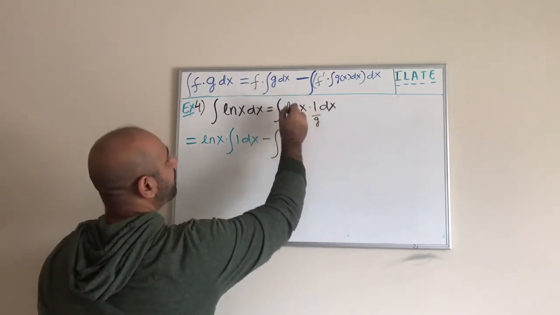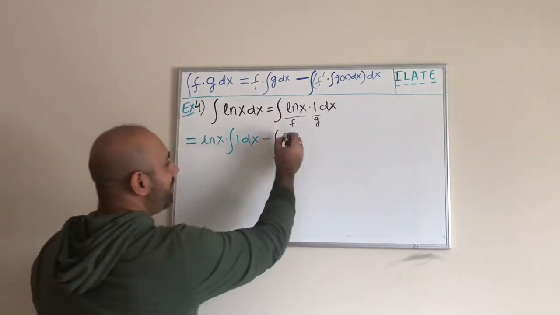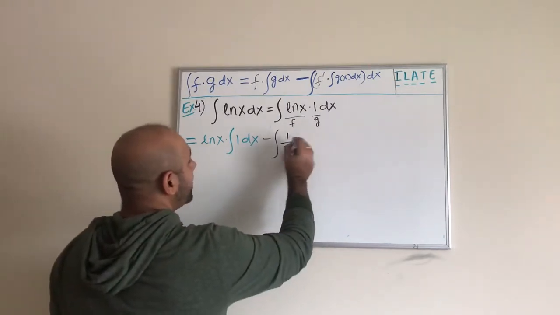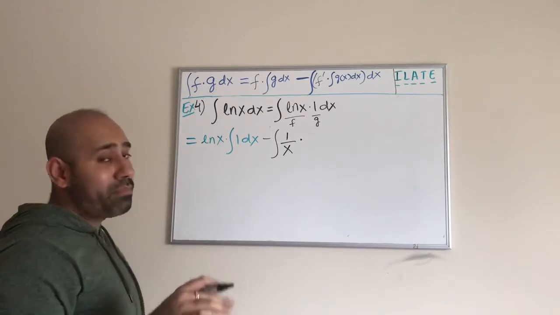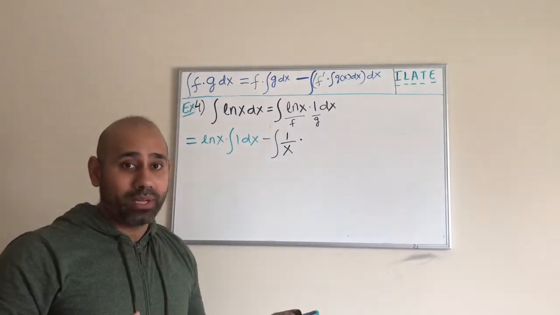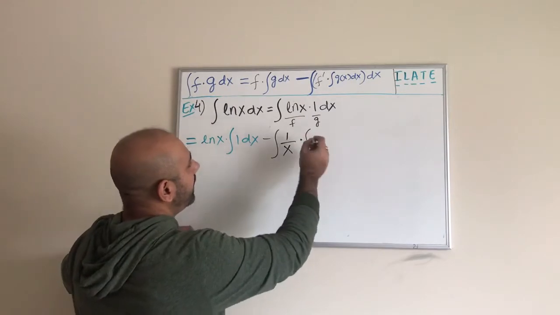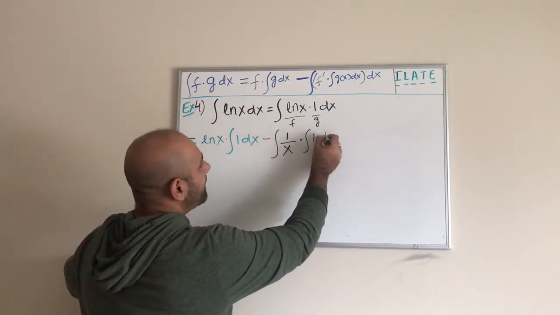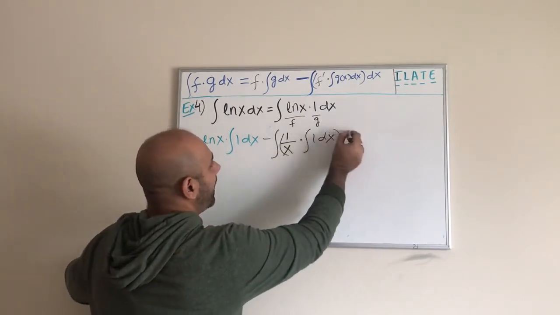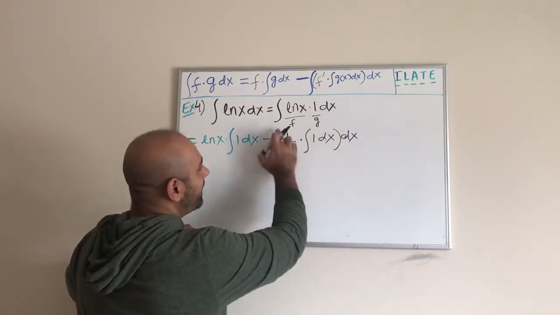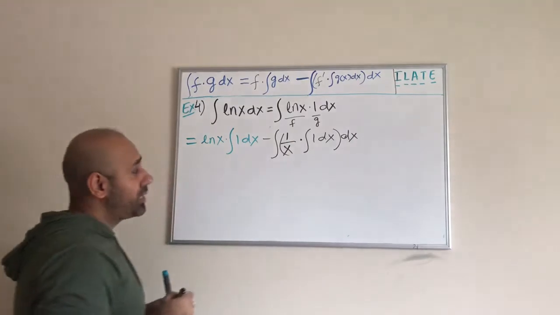We know the derivative of a log function is the inverse function 1 over x, right? And again, if you don't remember that, then you have to go back and look at the formulas, okay? And then times the integral of g of x, which is 1 in this case, dx, and of course you still have another dx because there are two integrals. With this integral I have this dx, and then the outer integral has another dx, okay?